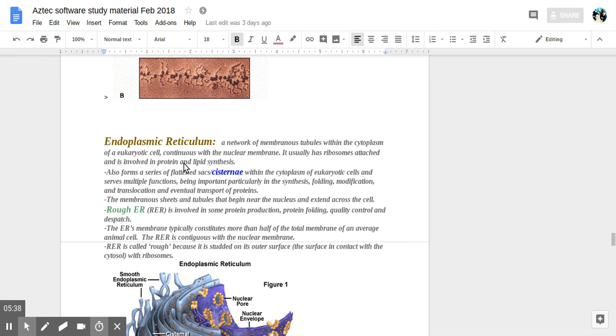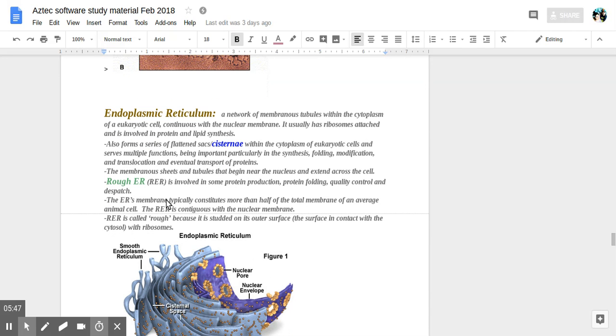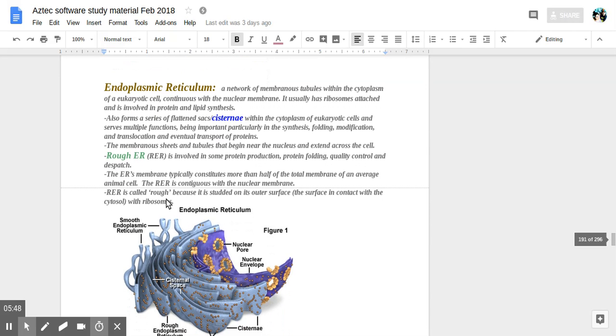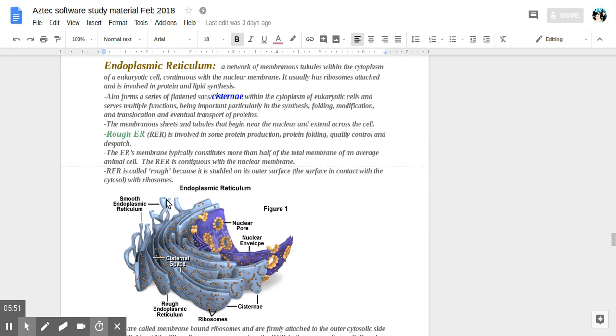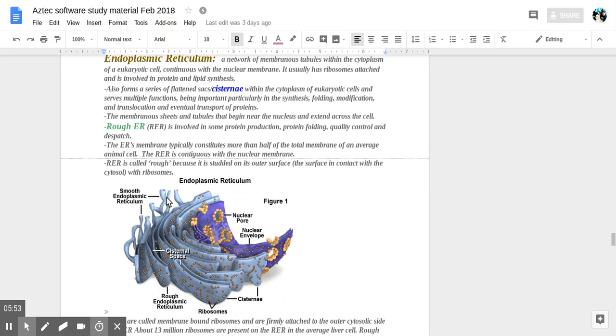It usually has ribosomes attached and is involved in protein and lipid synthesis. It forms a series of flattened sacs or cisternae and serves multiple functions, being important particularly in synthesis, folding, modification, translocation and eventual transport of proteins.